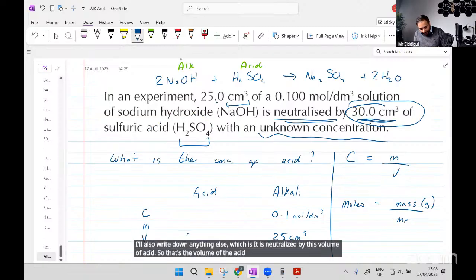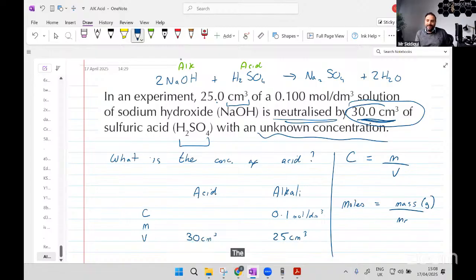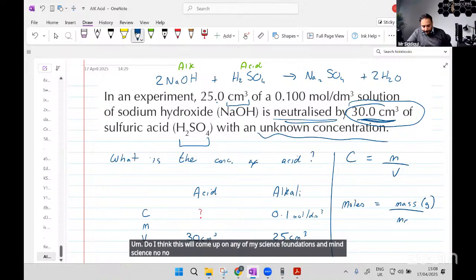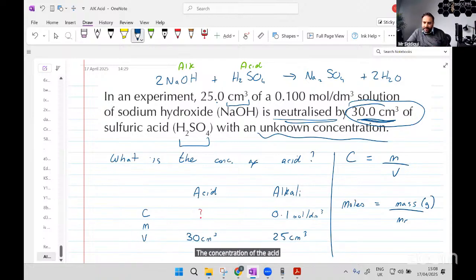So I'm going to put that there, 30 centimeters cubed. The question is to work out the concentration of the acid. So I'm going to put a question there. Do I think this will come up on any of my science foundation combined science yet? No. Simple answer, unfortunately. The concentration of the acid is what we're trying to work out.